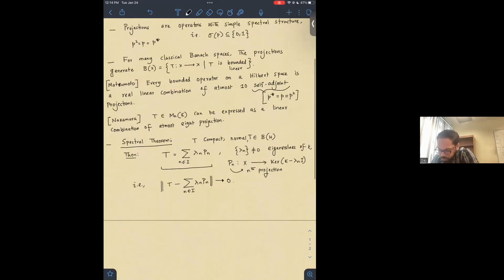No. Okay. So let me see if I understood your question. So you're saying that T is the sum over alpha i Pi, i equals 1 to n, and Pi is a projection. That's what this theorem says.